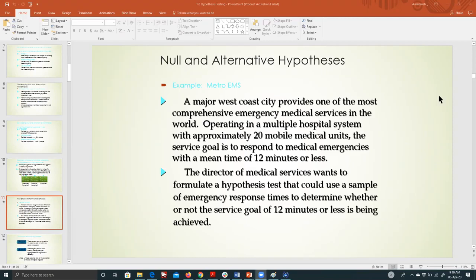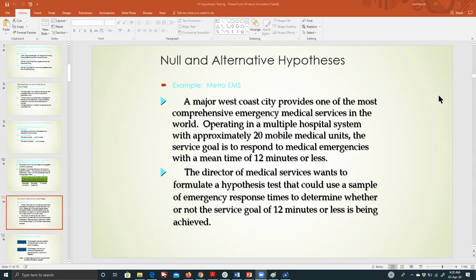Operating in a multiple hospital system with approximately 20 mobile medical units, the service goal is to respond to medical emergencies with a mean time of 12 minutes or less. The Director of Medical Services wants to formulate a hypothesis test that could use a sample of emergency response times to determine whether or not 12 minutes or less is being achieved.